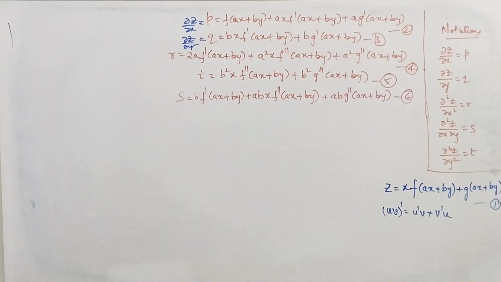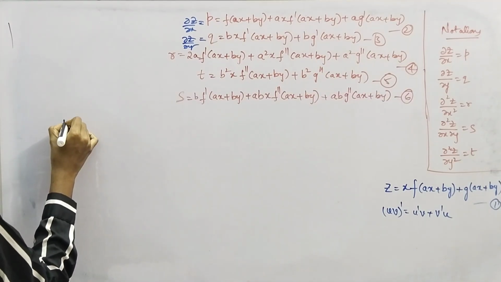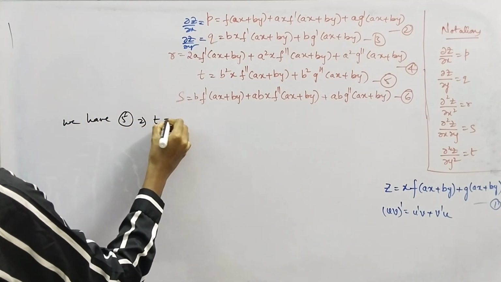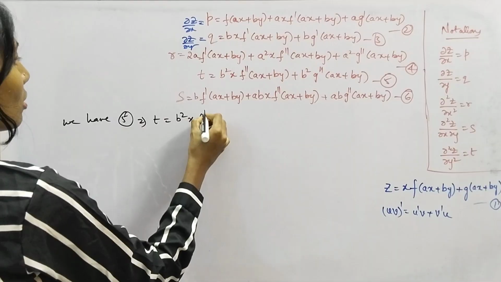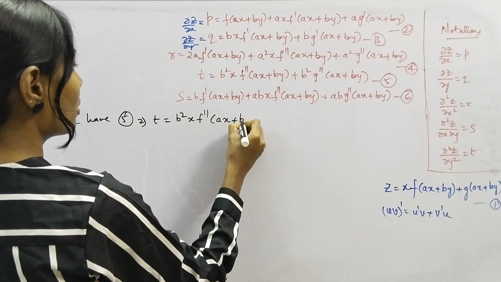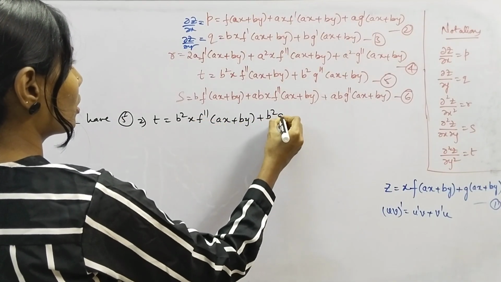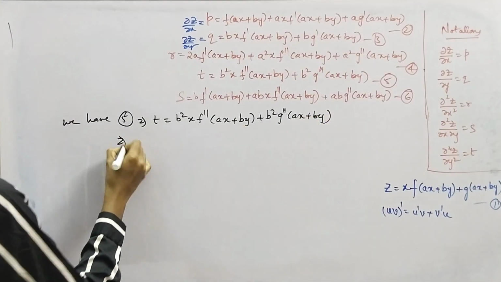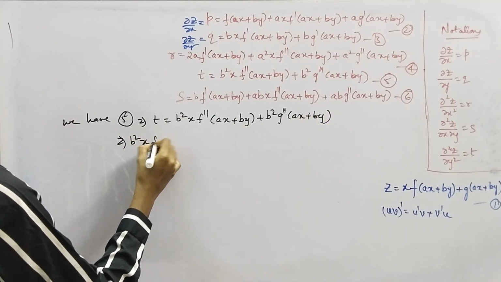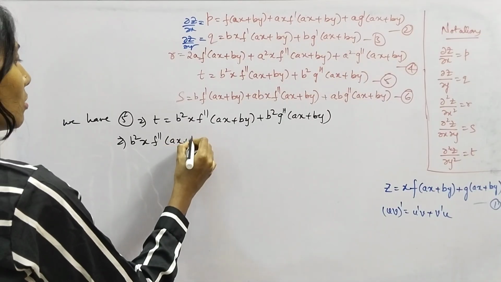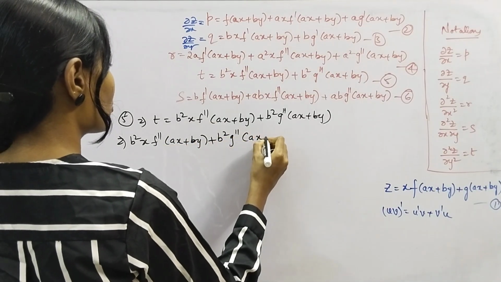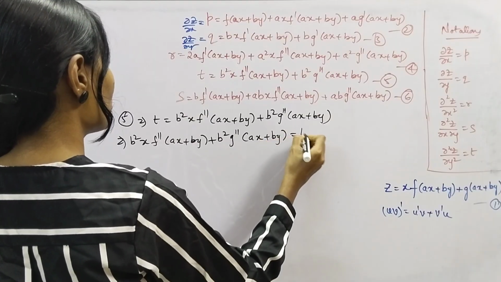Now consider equation 5. We have 5, that is t equal to b² x f'' of (ax+by) plus b² into g'' of (ax+by), right? Or we can also write this as b² x into f'' of (ax+by) plus b² into g'' of (ax+by) equal to t.